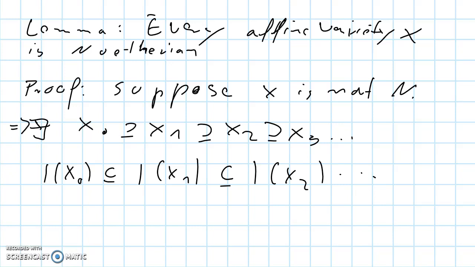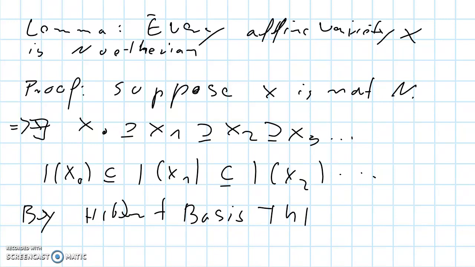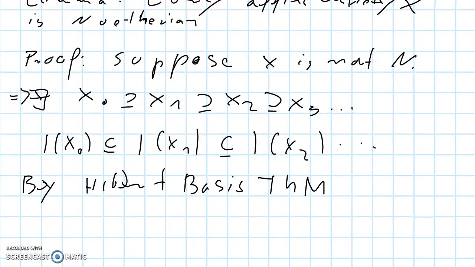But now remember, we have the Hilbert Nullstellensatz. I mean the Hilbert basis theorem. So by Hilbert basis theorem, we know that the ideal that you get when you look at the union of all these ideals in this chain.